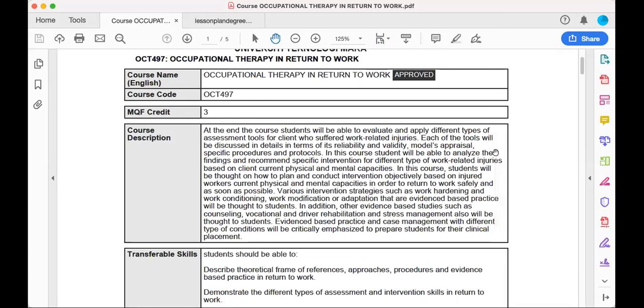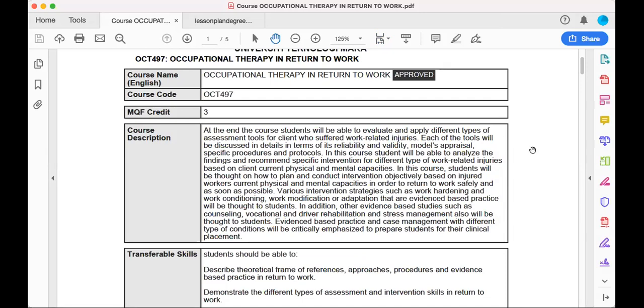So the course description: at the end of the course, students will be able to evaluate and apply different types of assessment tools for clients who suffered work-related injuries, diseases, mental health issues. Each of the tools will be discussed in detail in terms of reliability, validity.